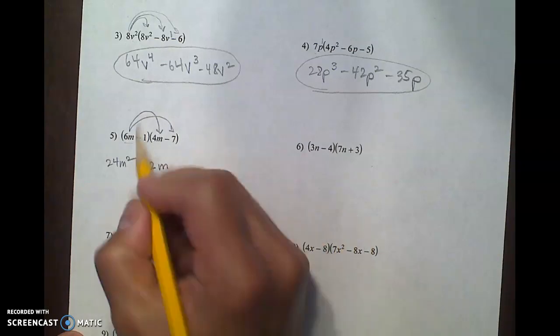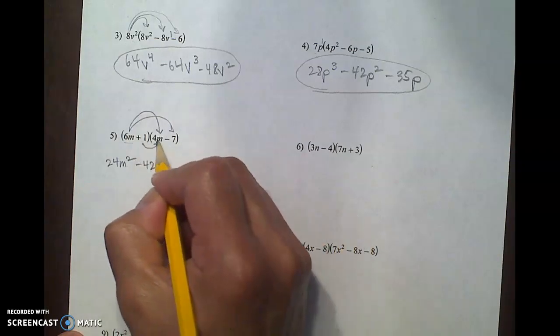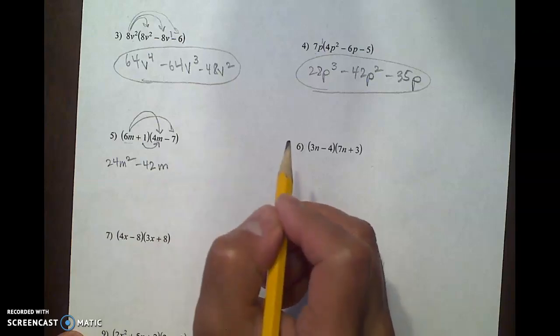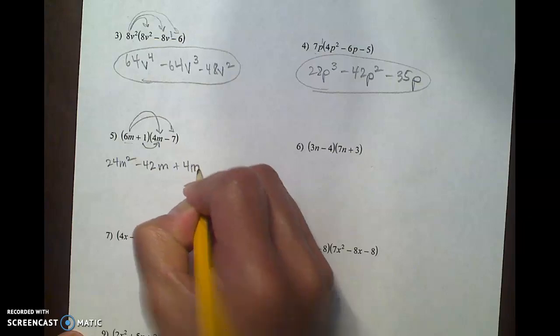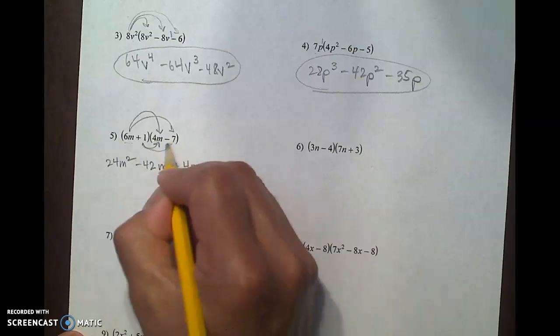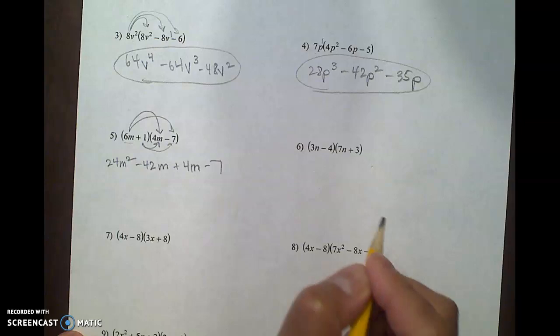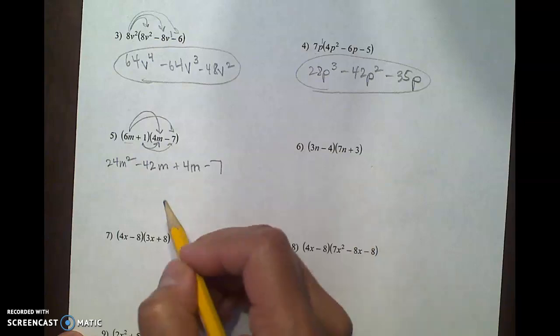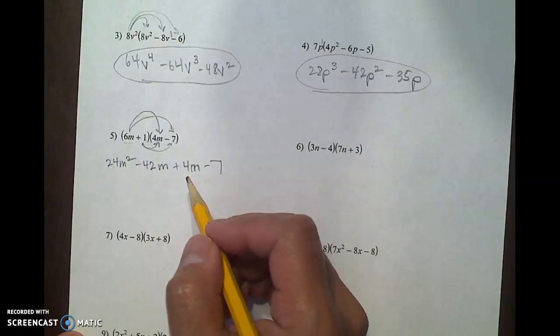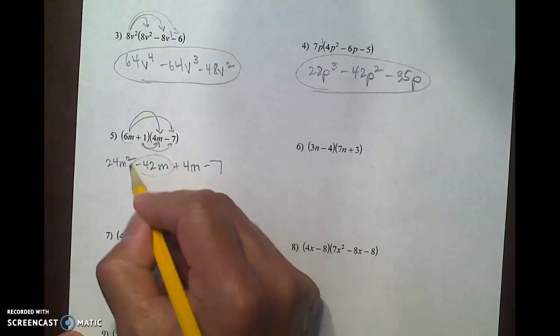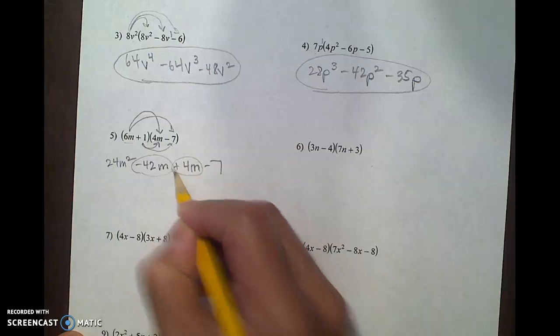Alright, so now we're going to take this 1 and we're going to distribute it to the other parentheses. So it's 1 times 4m, which is 4m. And then 1 times negative 7, which is negative 7. Alright, unlike the previous problems, here we do have some like terms, so we want to make sure we combine them. We have the negative 42m and the 4m.